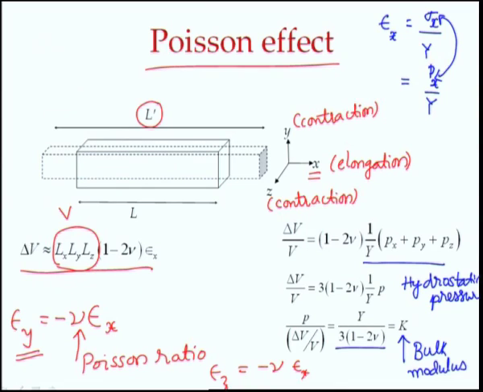Whenever nu is equal to 0.5, this becomes 1, 1 minus 1 0, in which case K becomes infinity. That means that such a material would have delta V by V, because now that becomes infinity or this is 0, that cannot be compressed.